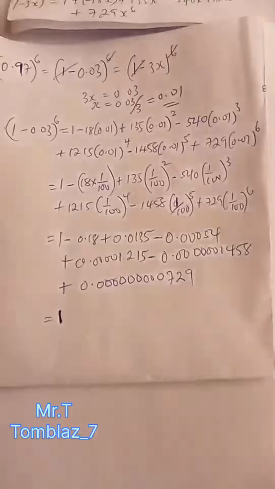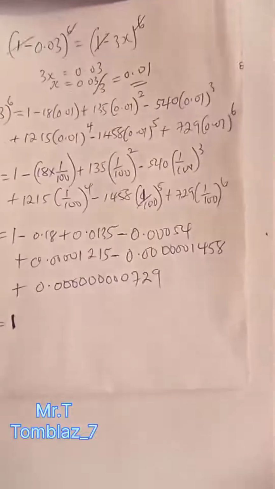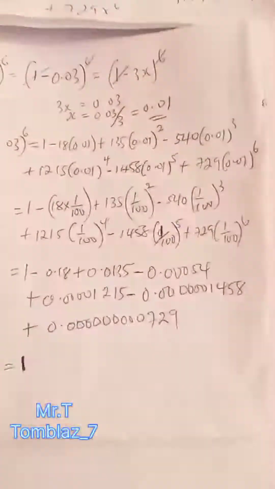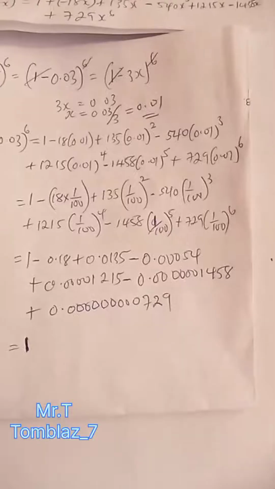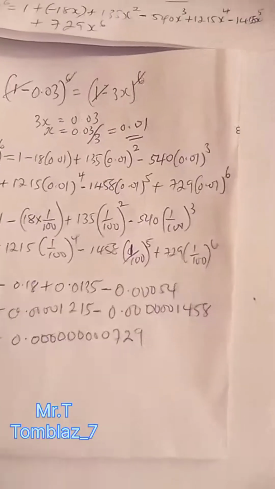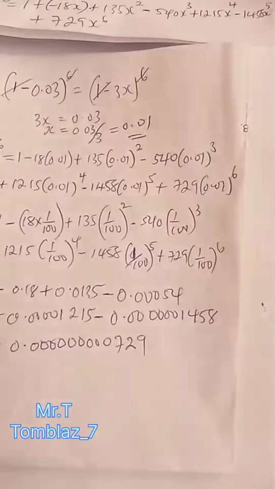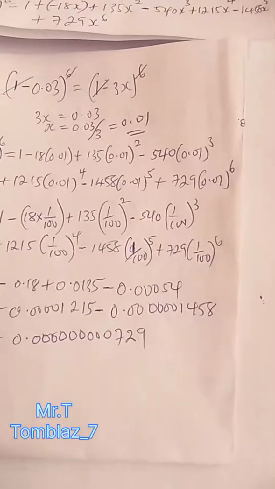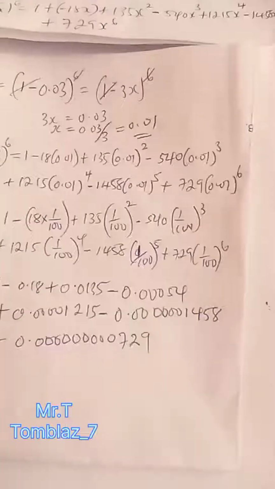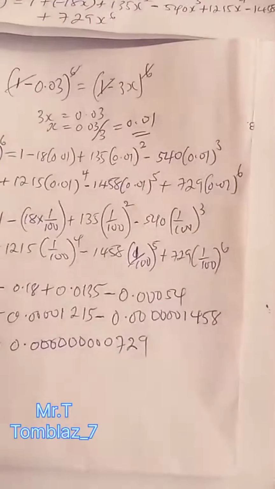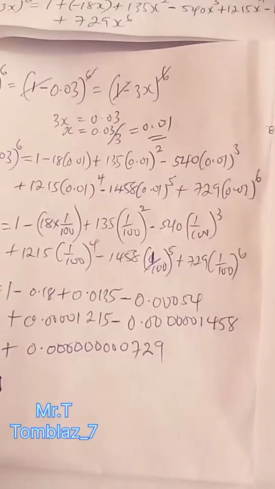So let's keep the 1 first and add up all these values. So we're going to be having, or let's just type all like that. 1 minus 0.18, then plus 0.0135, right? Then plus 0.